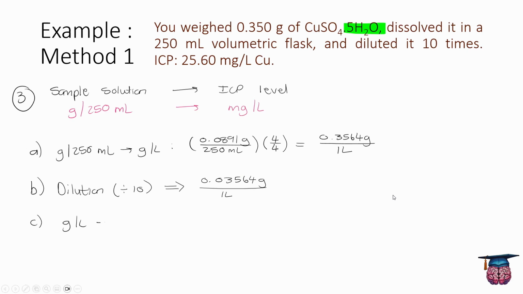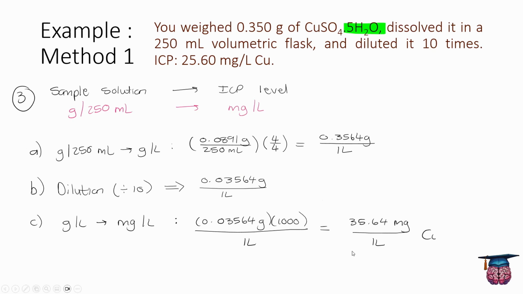Finally, we take this gram per liter value and convert it to milligrams per liter. We simply do this by multiplying by 1,000, because going from grams to milligrams, we need to multiply by 1,000. So we get a value of 35.64 milligrams per liter copper.